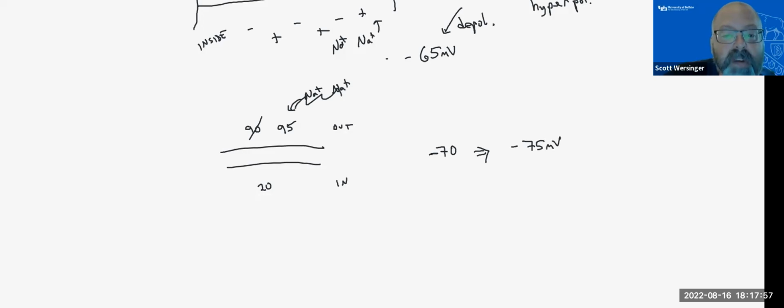Likewise, if instead we go back to 90 and 20 and add some points to the inside, some positive charges, so instead of 20 we're at 30, the inside is still more negative, but the difference is smaller. So instead of minus 70 where we started, now we'll go to minus 60.